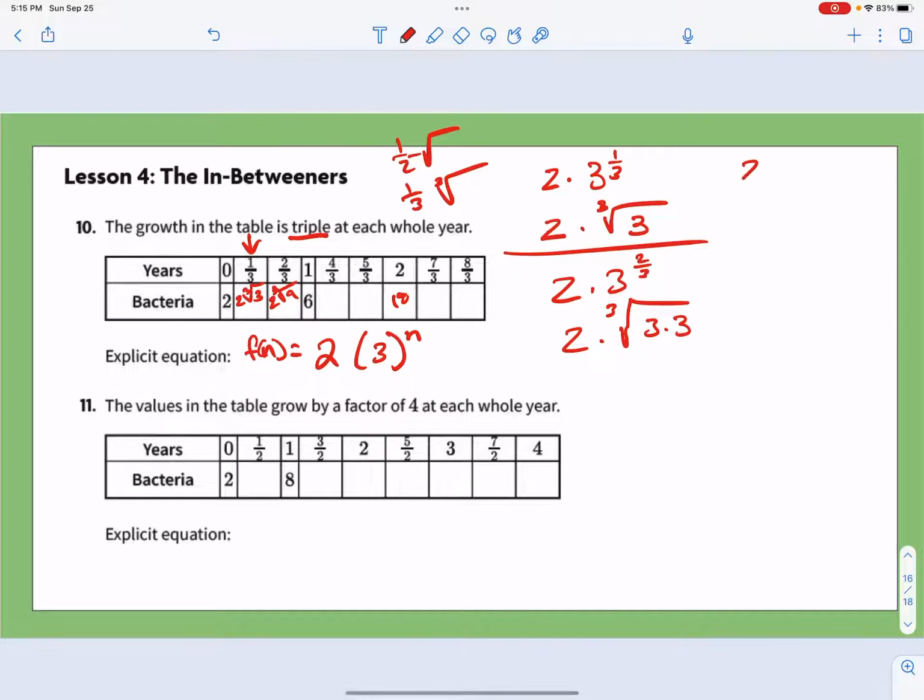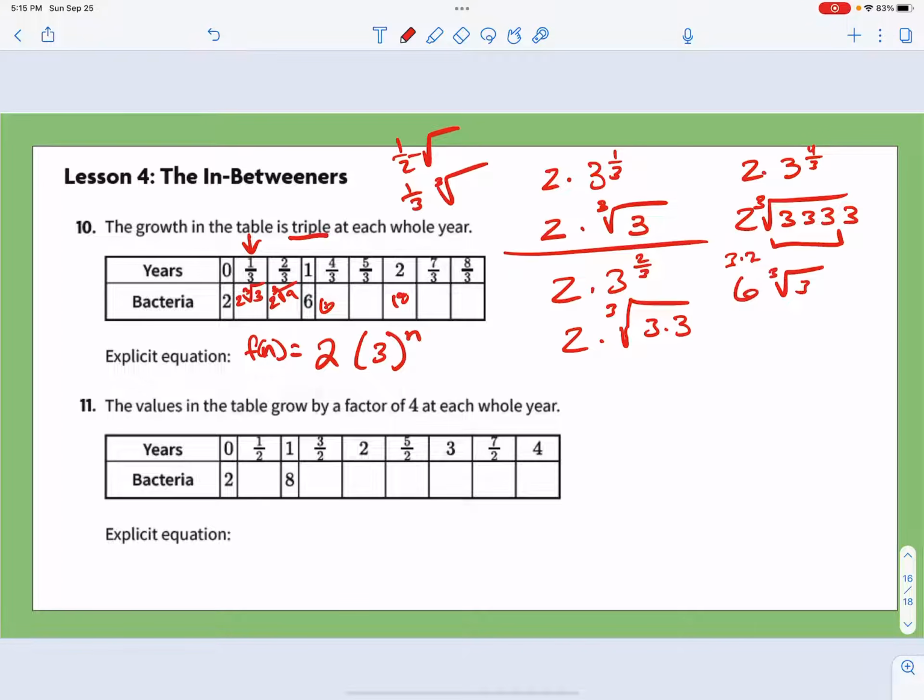So if I did 2 times 3 to the 4/3, then that's 2 cube root of 4 threes. 1, 2, 3, 4. And because of the cube root, I can now take out one of those 3's. So I'm going to have 6, because that's 3 times 2, and then cube root of 3.